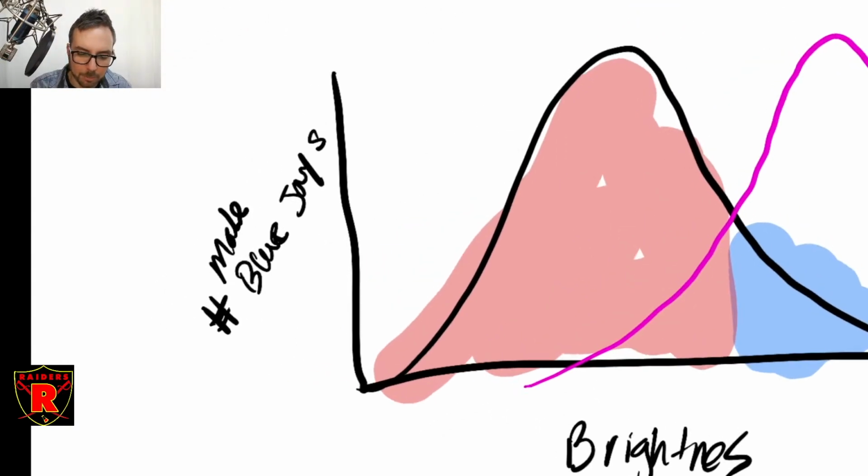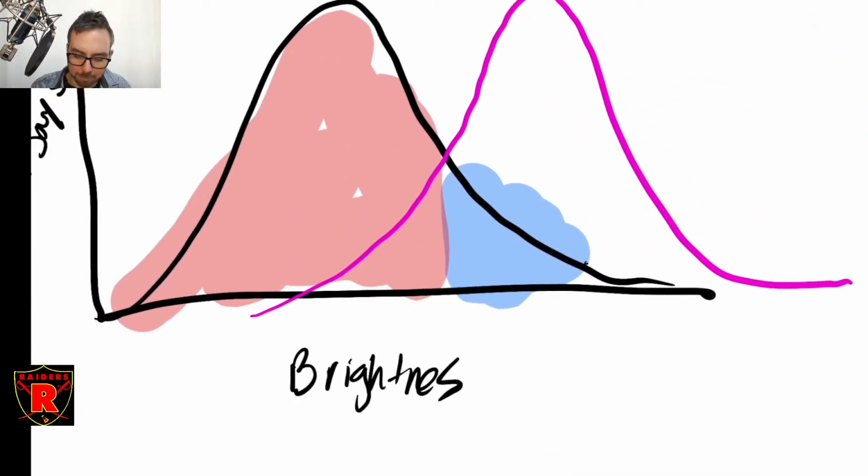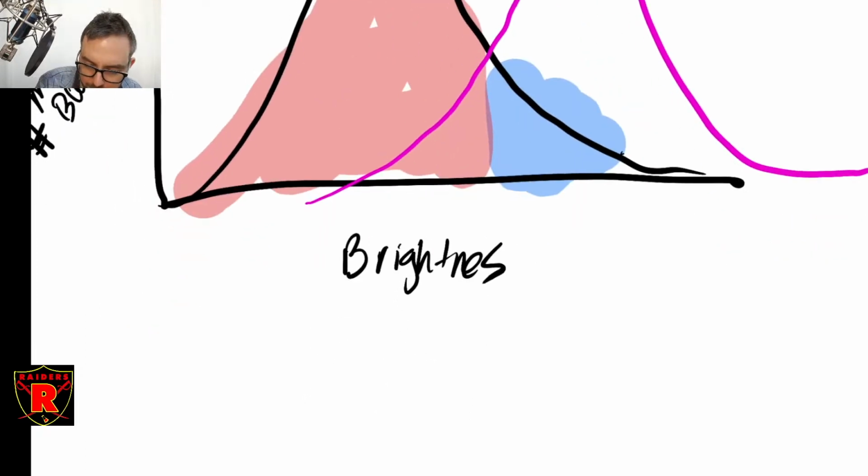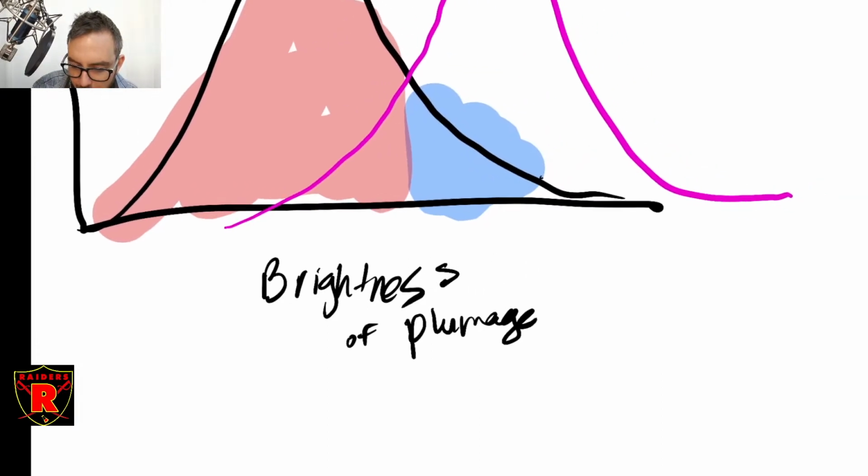Okay, so number of male blue jays. We're looking at brightness of plumage here. So, in other words, as you go in this direction, plumage brightness increases.